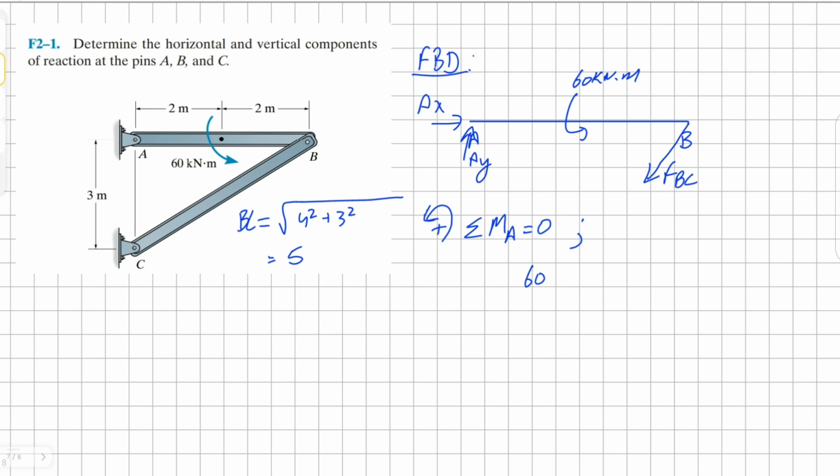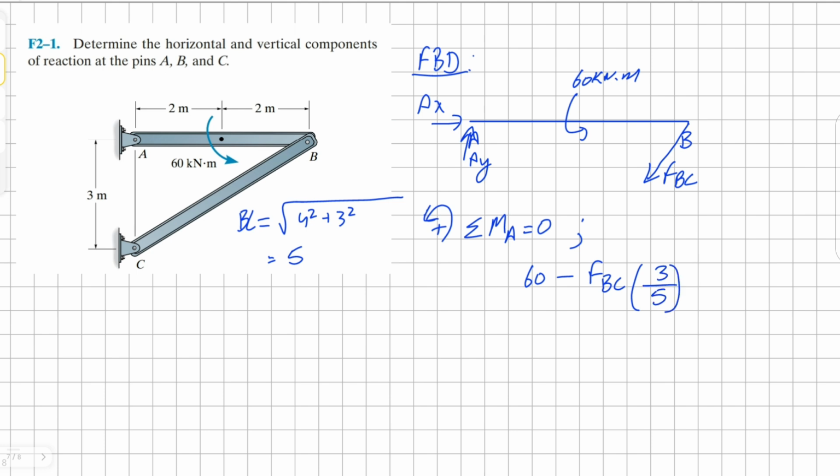And then we have force FBC that is at an angle, and now we have to find the y-component of force FBC, and we know that it's going to be negative because it's going downwards, that's clockwise, and it is simply going to be force FBC times 3 divided by 5, or we could take an angle.